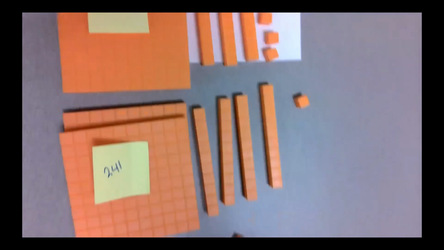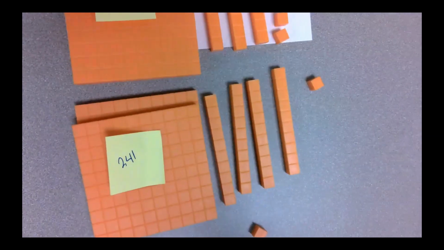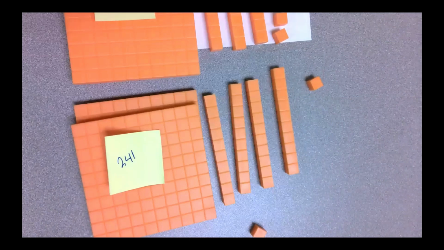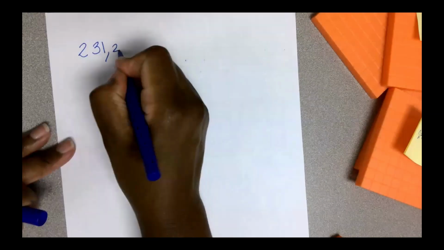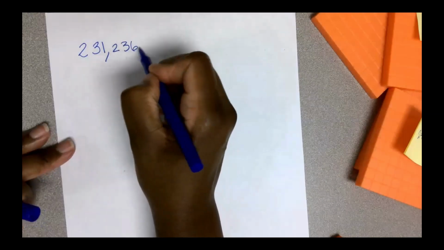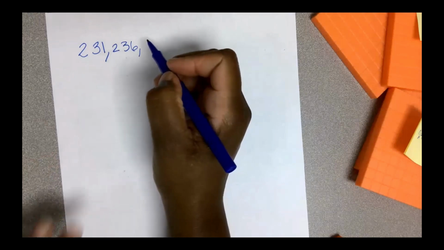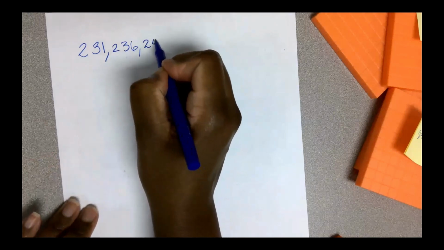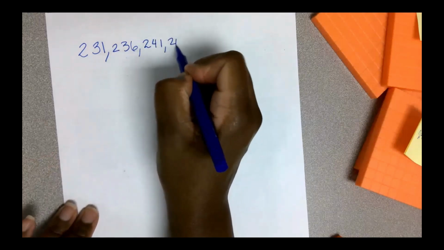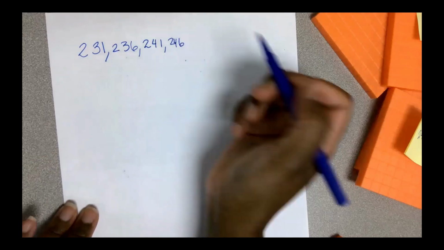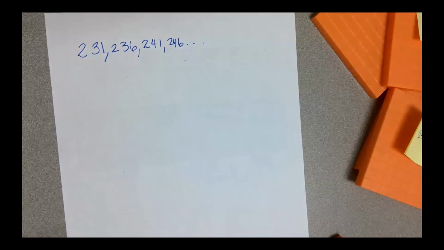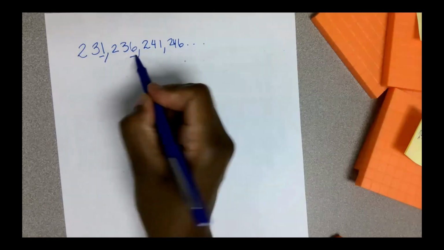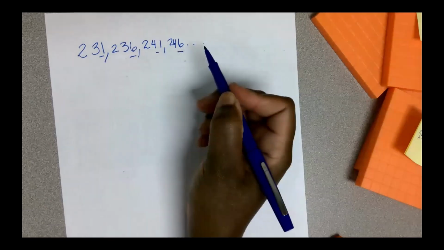And then I created 241. If I continued this pattern, I would have 231, 236, 241, 246, and so on. The ones place keeps alternating between a 1 and a 6, a 1 and a 6.